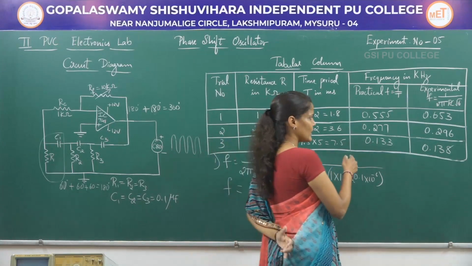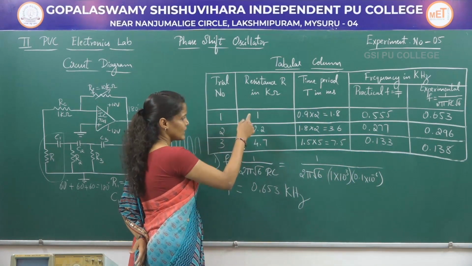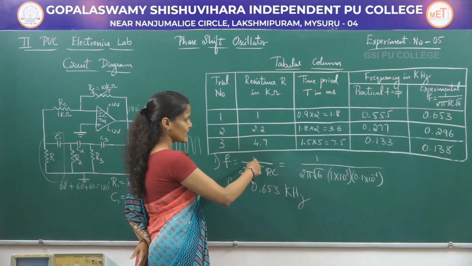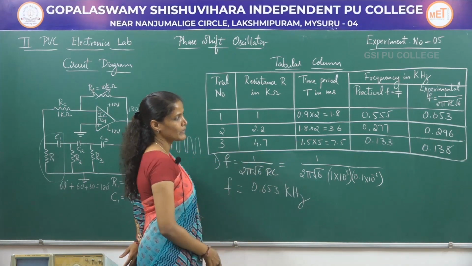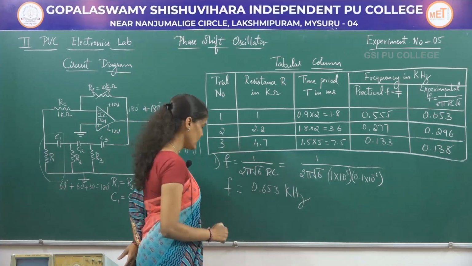But looking into the tabular column, you have to come up with the one trial among 1, 2.2 and 4.7 in which the practical and theoretical frequency values are almost coinciding, and write that value in the result.